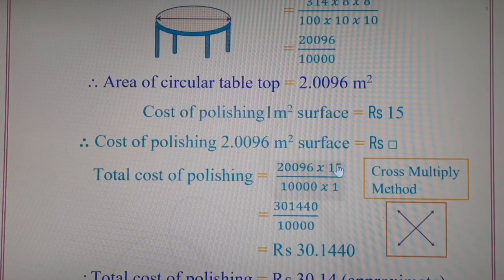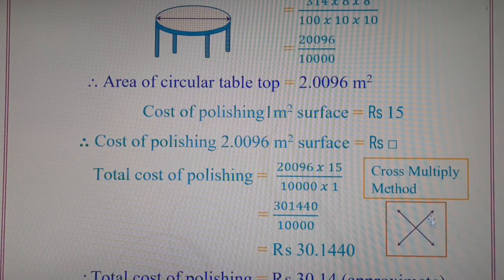So 15 will be written in the numerator because we are doing cross multiply. Yes, the design of cross multiply, which we have learnt in the lower class. So the right diagonal numbers are multiplied in the numerator and the left diagonal is written in the denominator. 1 will be written in the denominator.